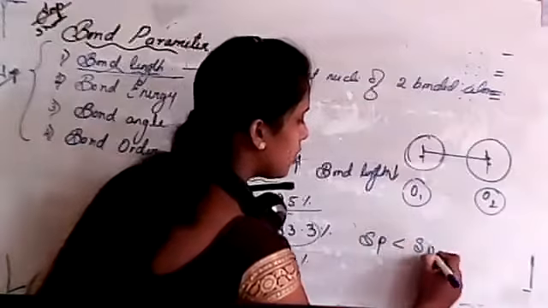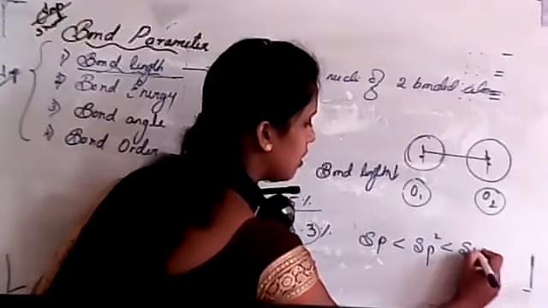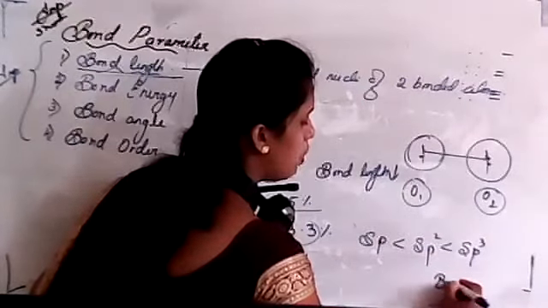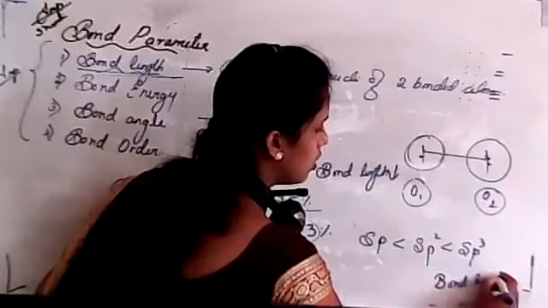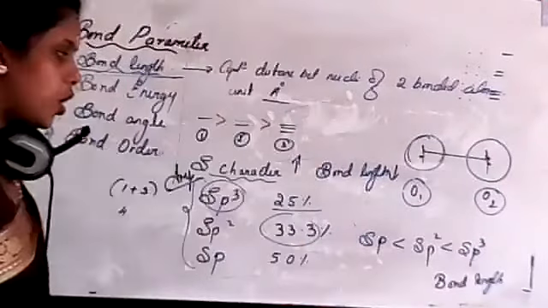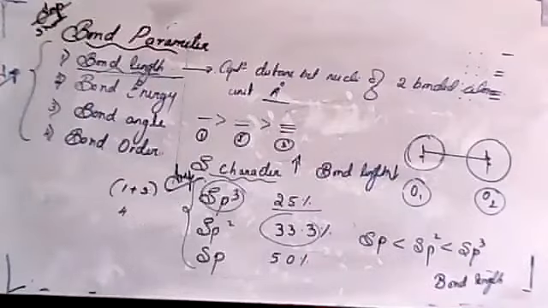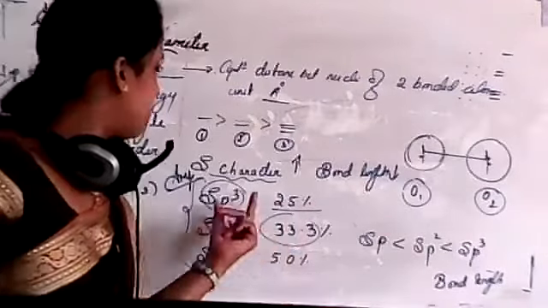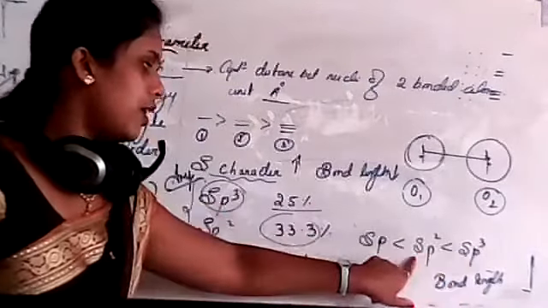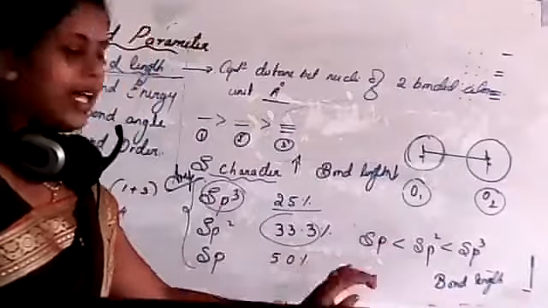Next comes sp2, next comes sp3. So this is the bond length order for hybridization: sp3 has more bond length than sp2, which has more bond length than sp.